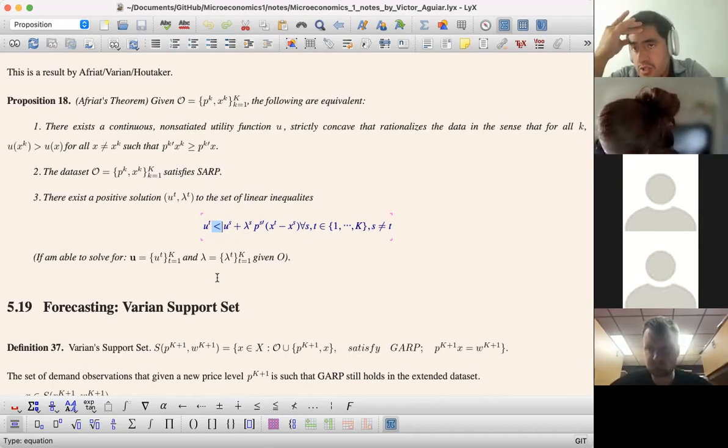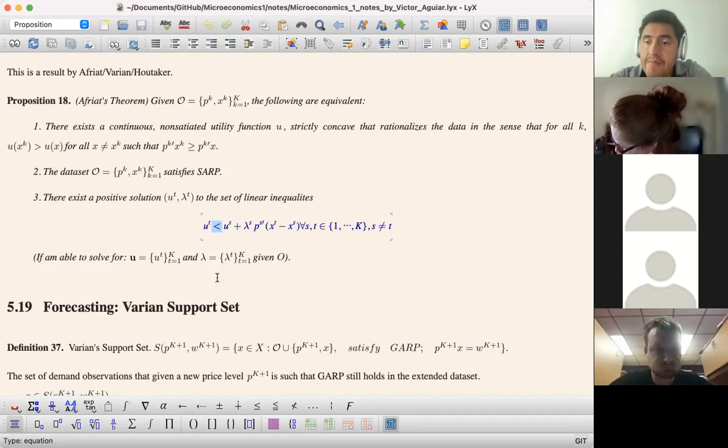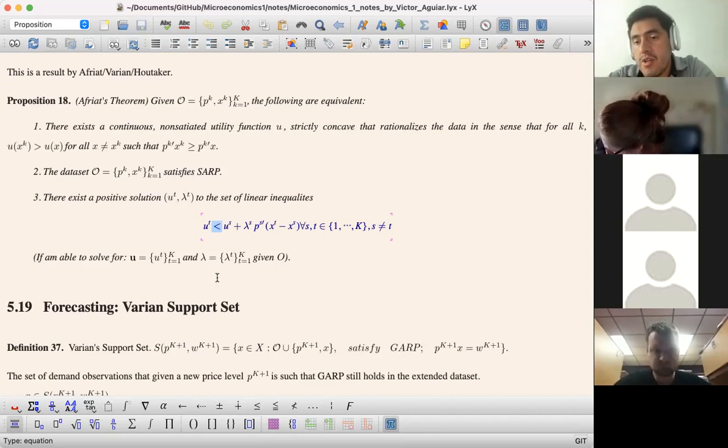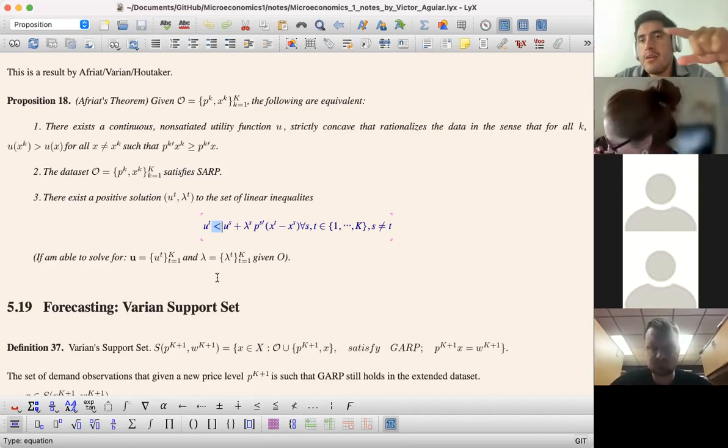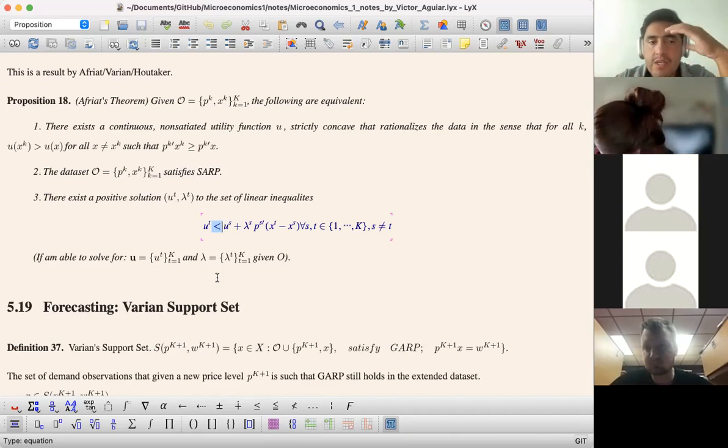So yes, this is equivalent to rationality essentially when you have demand functions instead of demand correspondences, okay? And then, of course, the more modern approach is the GARP, the generalized axiom of revealed preference, the previous theorem that we proved. So this is just, again, a historical link with Mas-Colell.